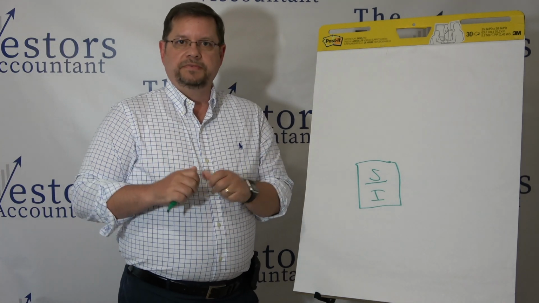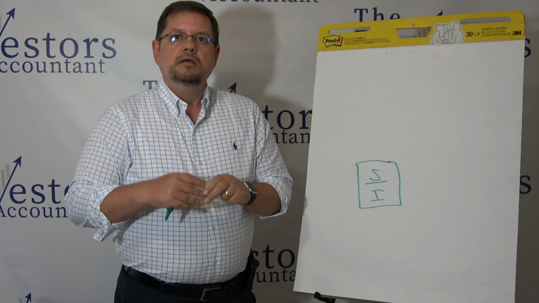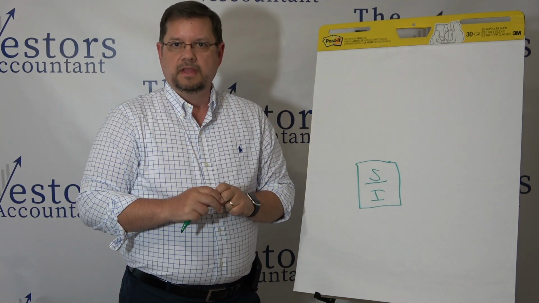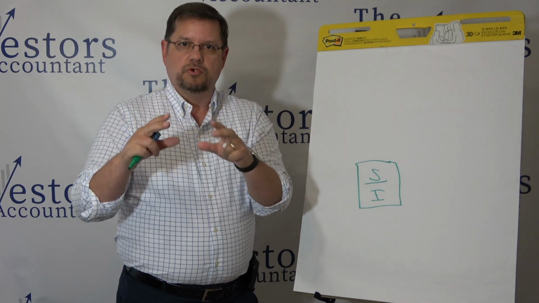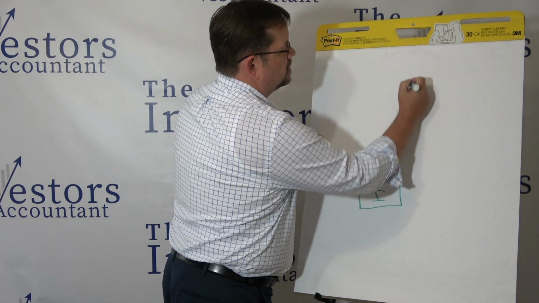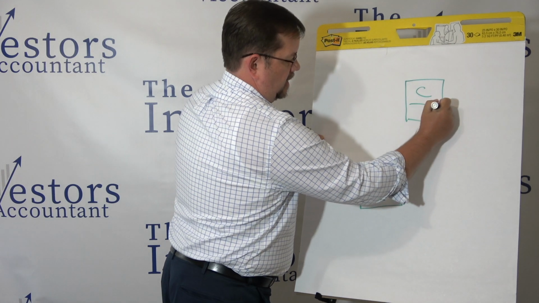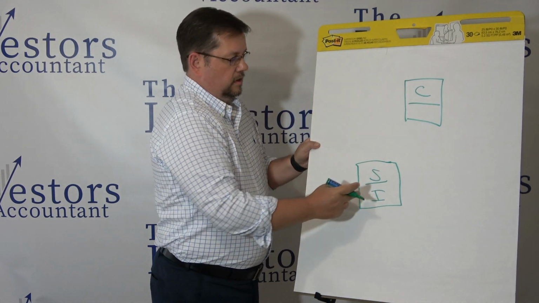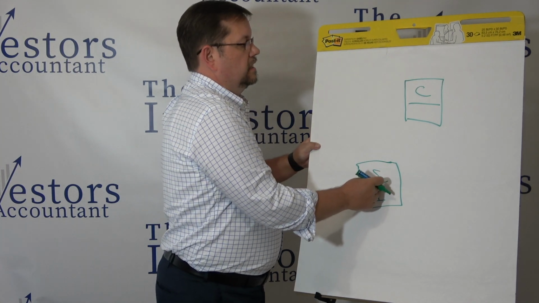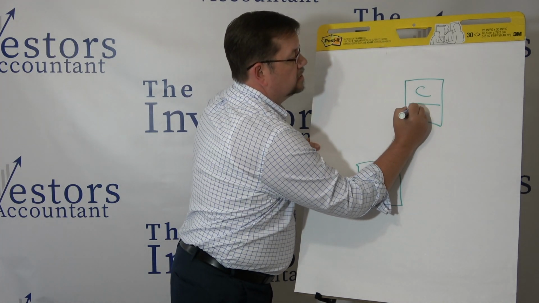Here's an example. Let's say that you are into wholesaling and flipping, but you have an acquisition team inside of your company. What we would do with upstreaming is this. We would create a separate C corporation, and we would move the acquisition team from our S corporation and make them employees of the C corporation.